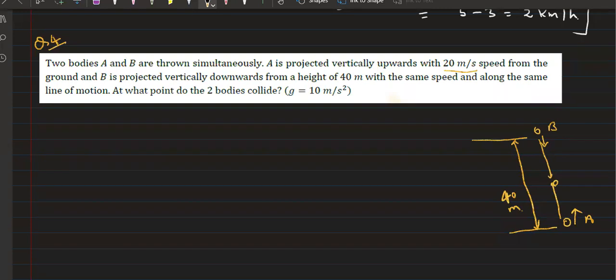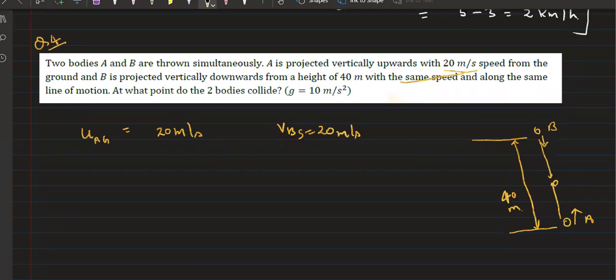Okay. Now just write down the velocity of A with respect to ground. A with respect to ground is again 20 meter per second. In the same way, velocity of B with respect to ground is also 20 meter per second. It is given, same speed along the same line of motion.